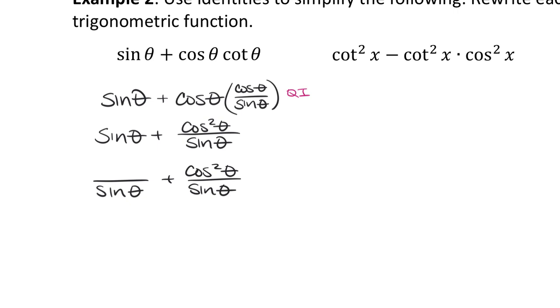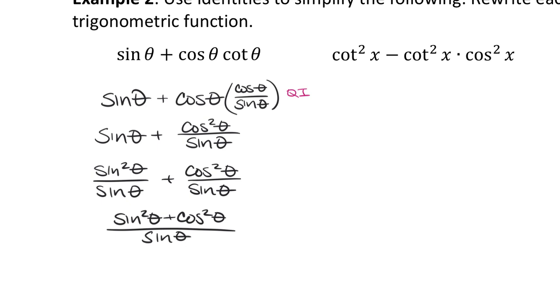Sine theta. So sine of theta times sine of theta, sine squared of theta. Common denominators, add the tops like normal, which means now I have sine squared of theta plus cosine squared of theta all over sine of theta.